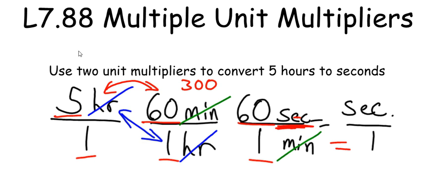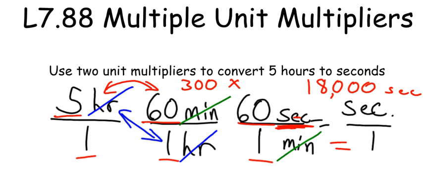And I know 300 times 60 is going to give me an answer of 18, and then throw a couple zeros in there, 3 of them to be precise, and suddenly I'm left with exactly what I need to solve this. 18,000 seconds is how many seconds are in 5 hours.